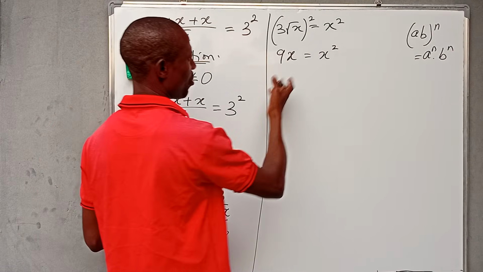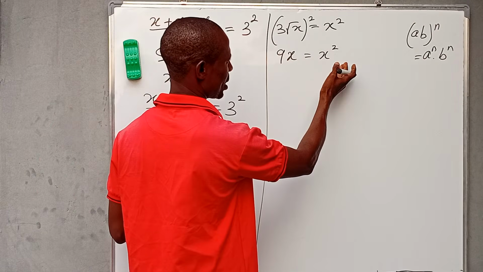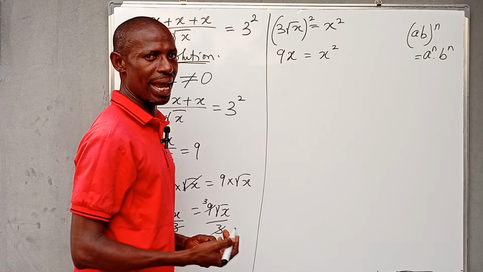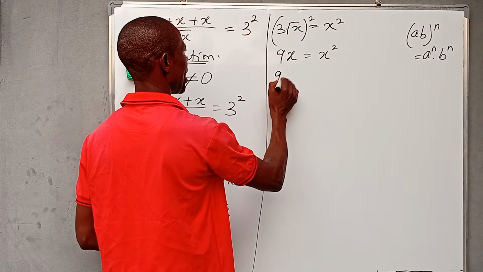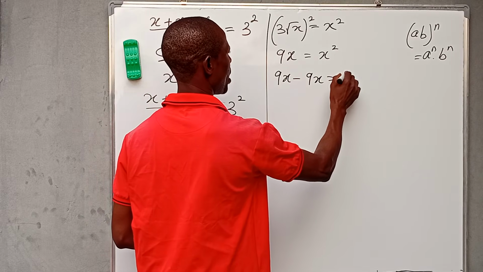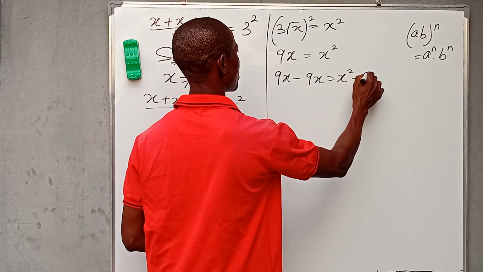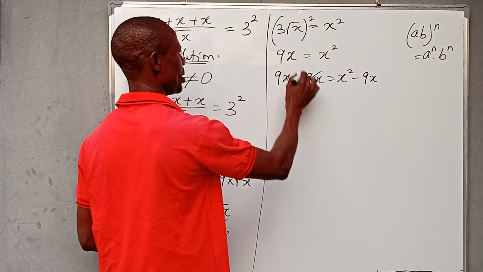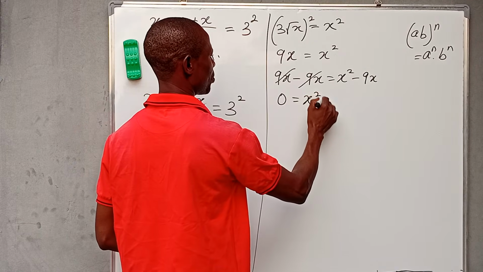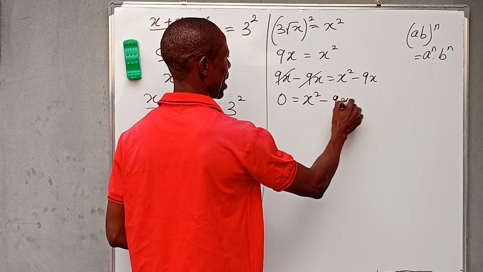Okay, so from here, we just have to bring all terms to one side of the equation. In other words, we want to subtract 9x from both sides. So we're going to have 9x minus 9x equals x to the power of 2 minus 9x. We now have 0 equal to x to the power of 2 minus 9x.